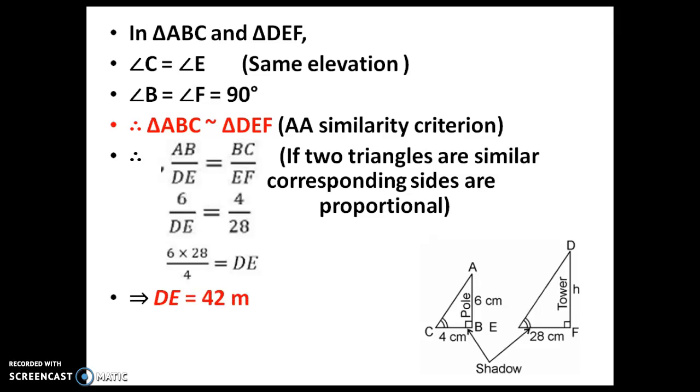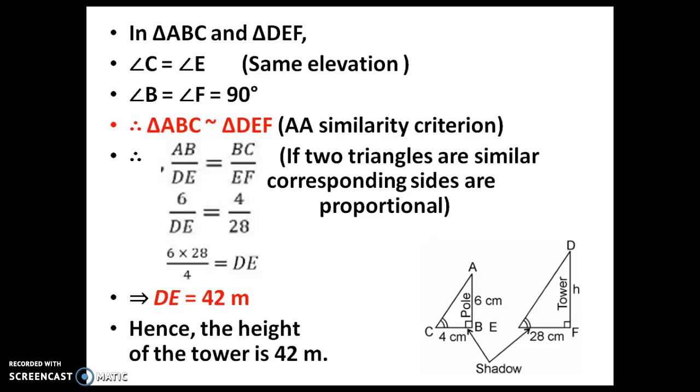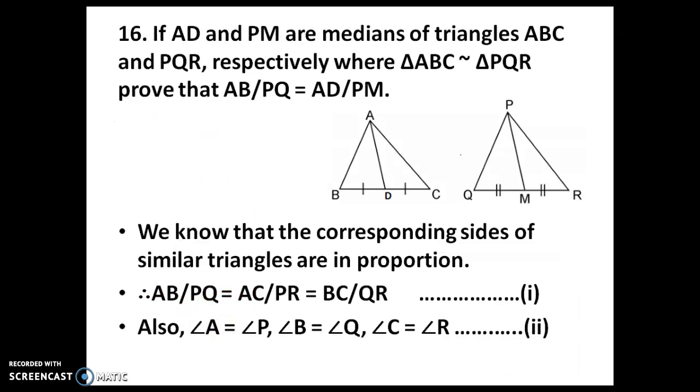So DE, that is height, equal to 42 meter. Hence the height of the tower is 42 meter. Simply, we come to the conclusion that the two sides are proportional, then the values are substituted. DE, that is height, is unknown, and it is found to be 42 meter. That's the answer. Next problem.